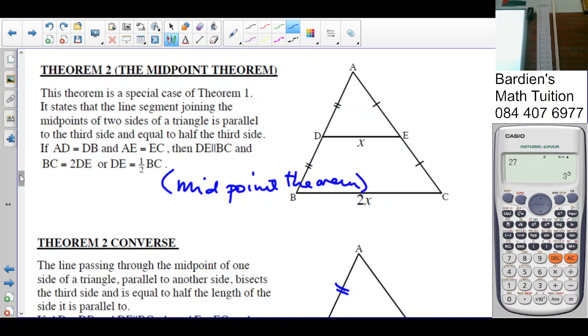So it's either the midpoint theorem or the converse theorem. Okay? You guys understand?